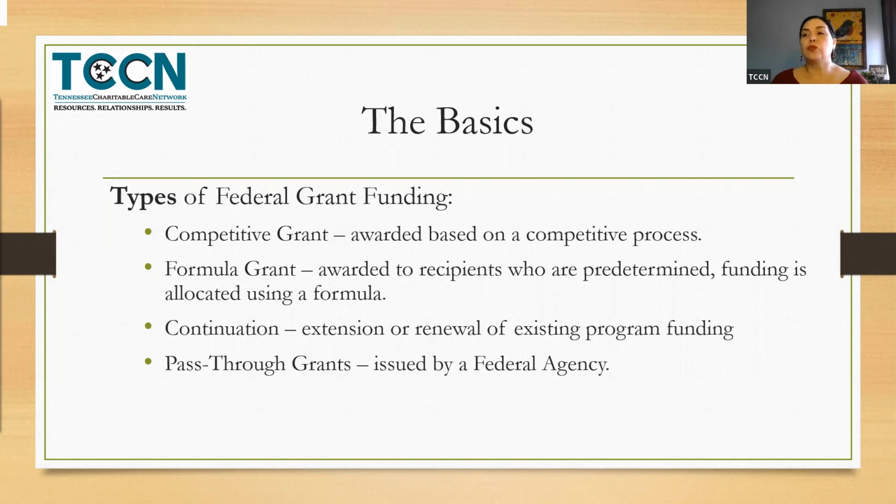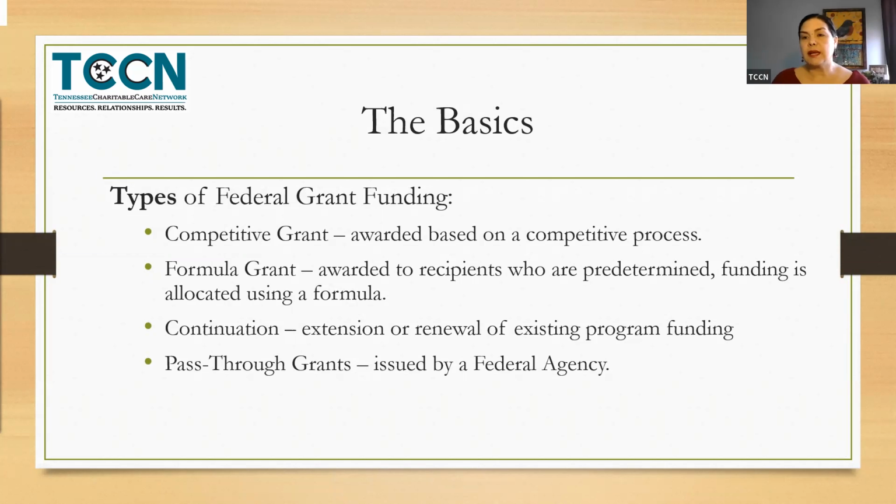Another term that we will hear a lot is pass-through grants. That is the kind of grant that is not coming straight from the federal government, but is going to another entity, in this case, a state agency. And then that's how it comes through us. That is called pass-through funding.